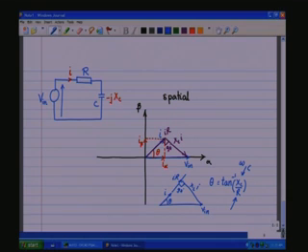Now, here we see one important thing. There is a voltage across this, VC, and there is a voltage across this, which is VR.